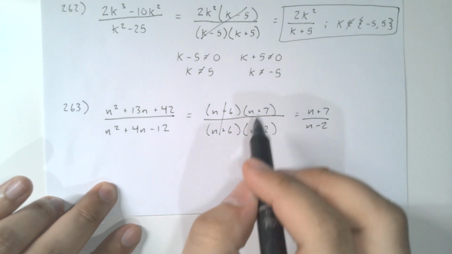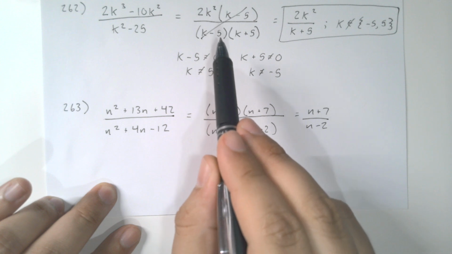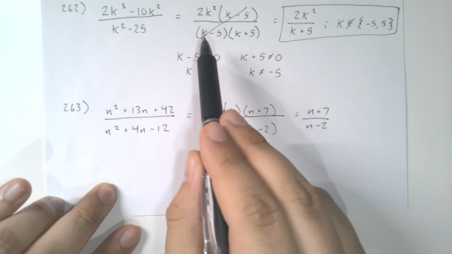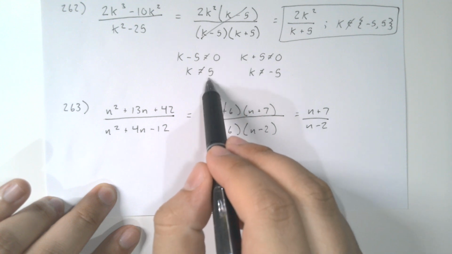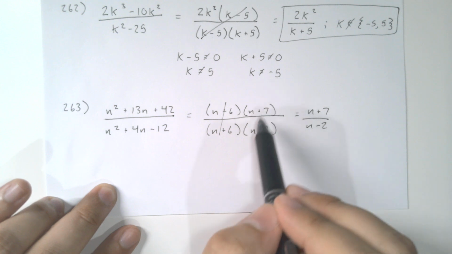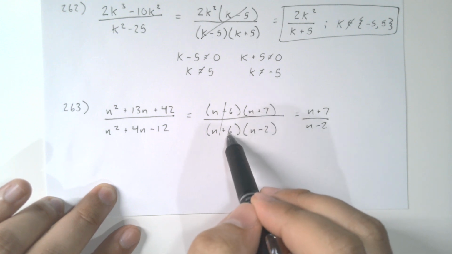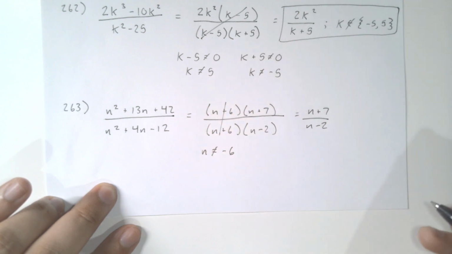So you're probably not recognizing a pattern with these excluded values. You basically just have to flip the signs on whatever these are. So like if this is a negative 5, this is going to be a positive 5. This is a positive 5, so this turns into a negative 5. And over here, this is a positive 6, so n can't be equal to negative 6.